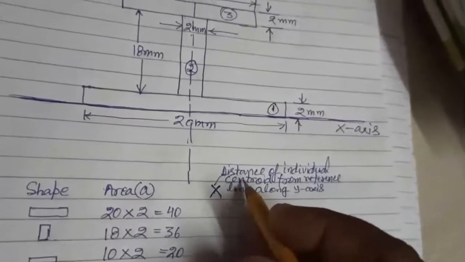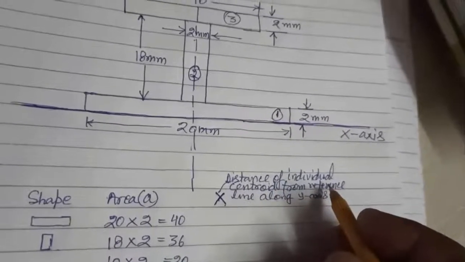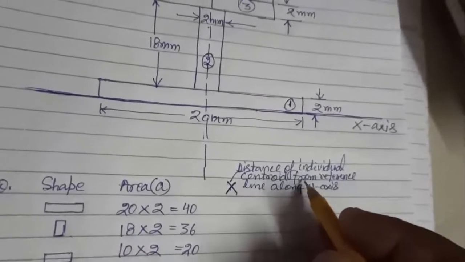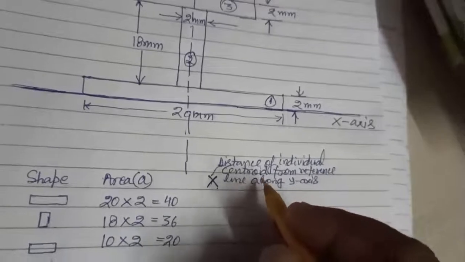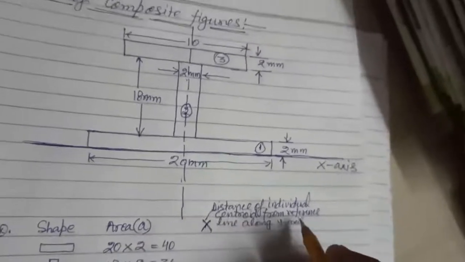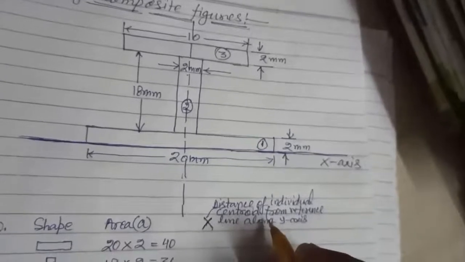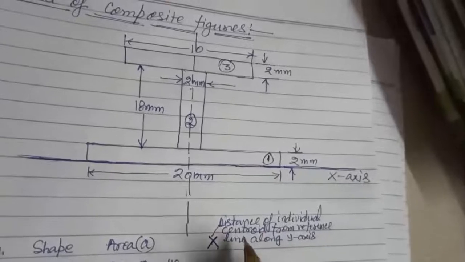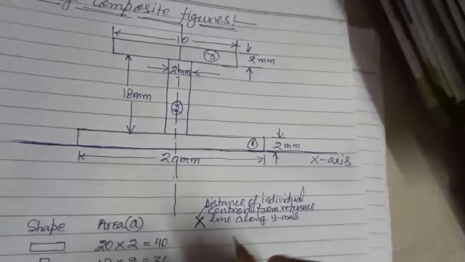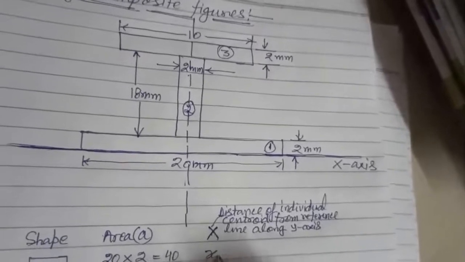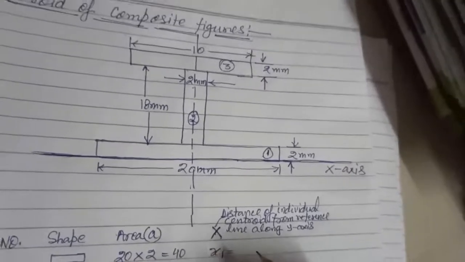X is the distance of the centroid from the reference line along the y-axis. The reference line we have taken along the y-axis, the distance from it will be x, the x coordinate of the centroid. So x1 for figure 1.